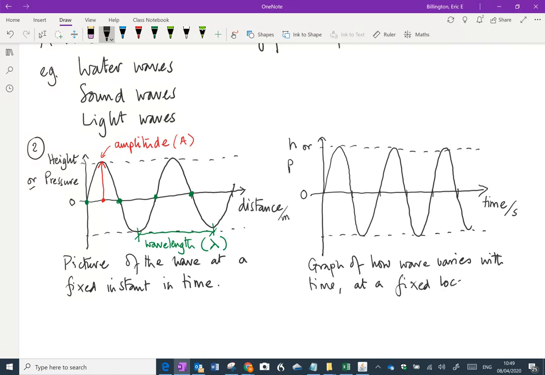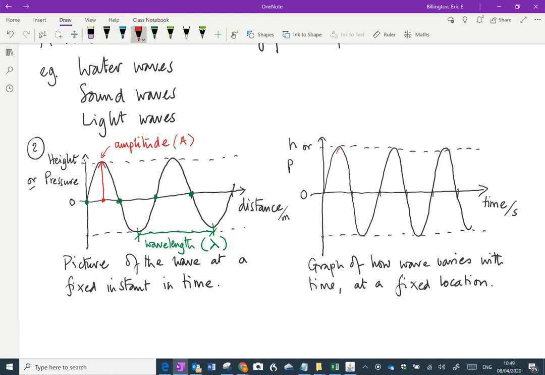So here I want you to imagine that instead of taking a photograph of some water waves, you're moored in a boat and you're measuring the height as time goes by. So you've got a stopwatch. You're moored in a boat and your boat's going up and down as the waves go backwards and forwards. So you've got a fixed location because you're anchored, but you've got a stopwatch. And this is a graph of how the height of the water wave varies with time.